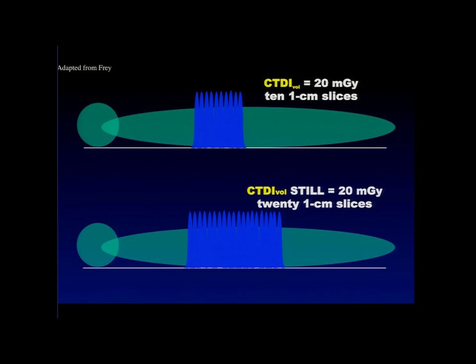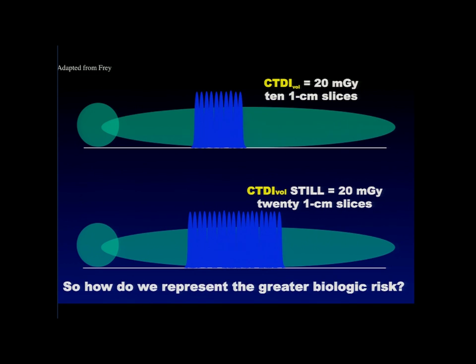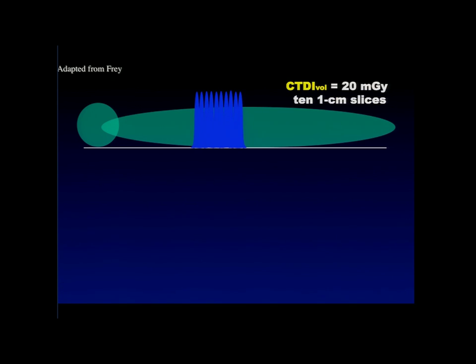But I don't think you'd get much of an argument if you started a debate of whether or not the second case here maybe carries more risk to the patient than the first. And so that's where DLP comes in. We now have the same situation here, and my DLP with only 10 slices is 200 milligray centimeters.